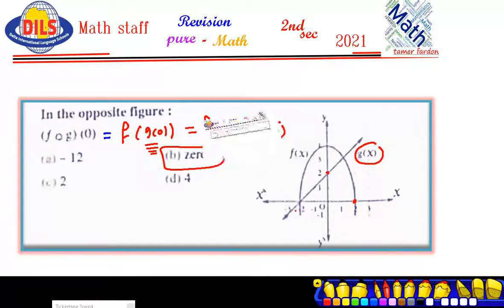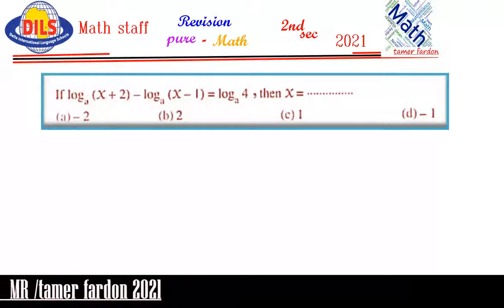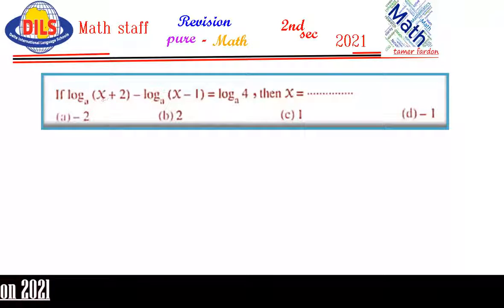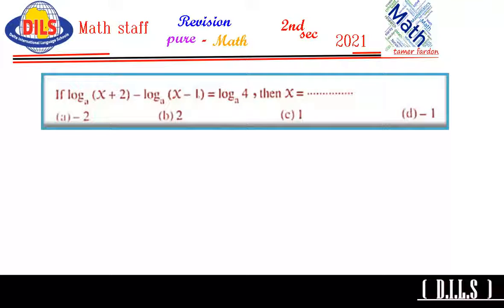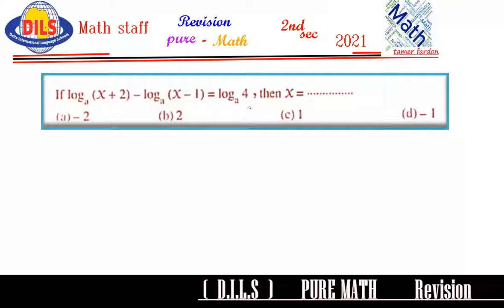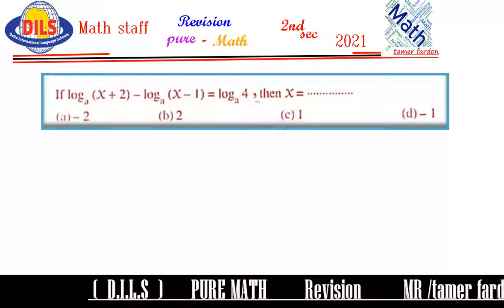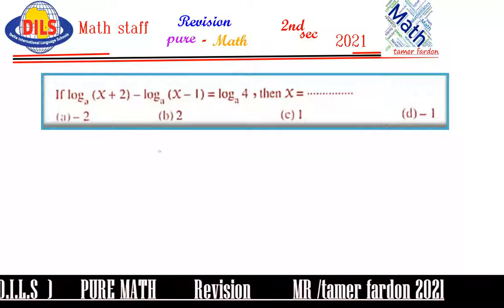The next, log a for x plus 2 minus log a for x minus 1 is equal to log a for 4. Then x equals what?